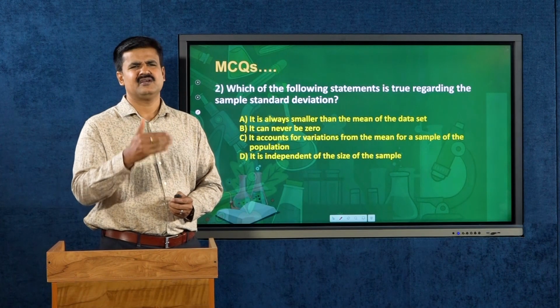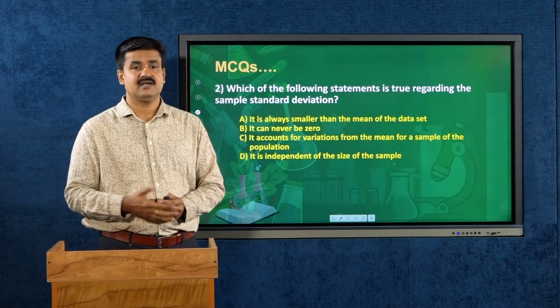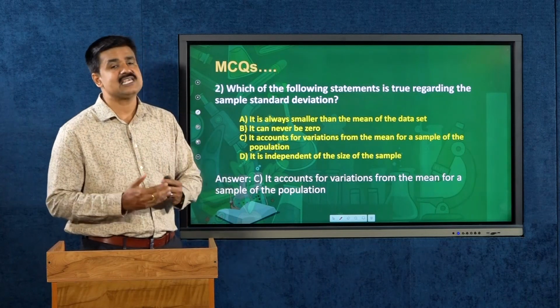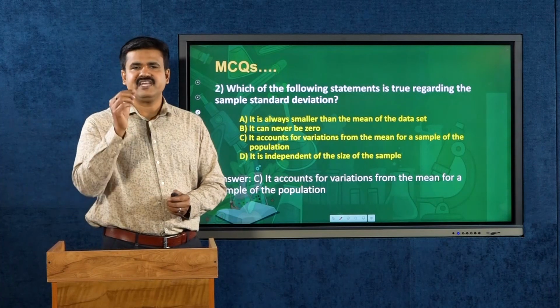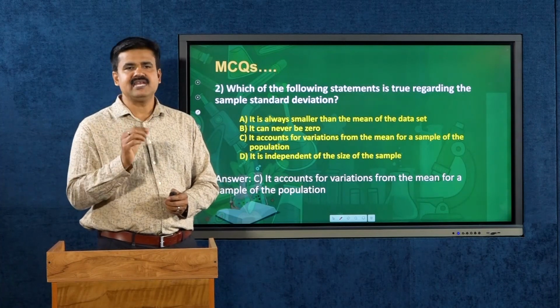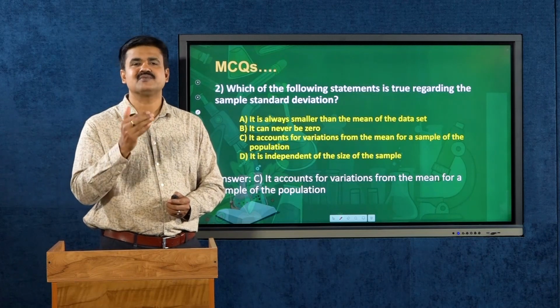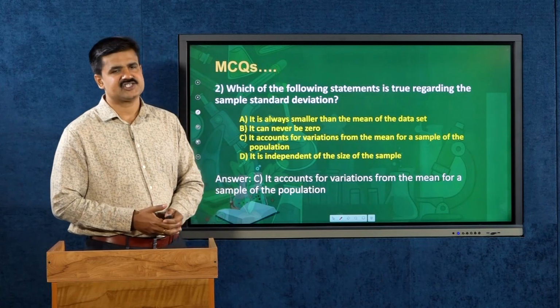You have to carefully go through each and every option, and you can arrive at the final answer as option C. That is, it accounts for variations from the mean for a sample of the population. This is the most correct statement about sample standard deviation.